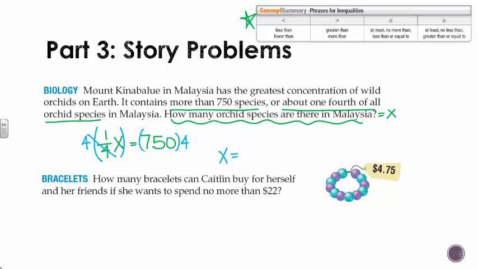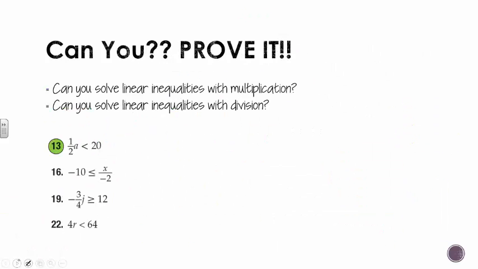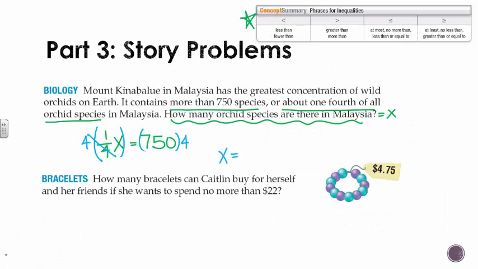And I end up with x equals 750 times 4, which is 3,000. So let's try another one.